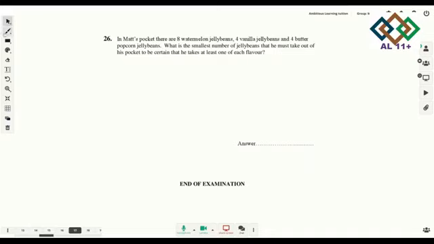So that's the challenge one. I want you guys to do this one yourself. I'll give you 2 minutes to do it and then I'll just write the answer down for this one. Because if he takes up to 8, remember what would happen, and if he takes up to 12, what could happen. So the answer for the last one, that's the challenge one, is 13.